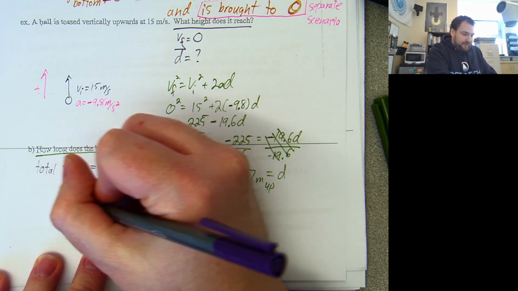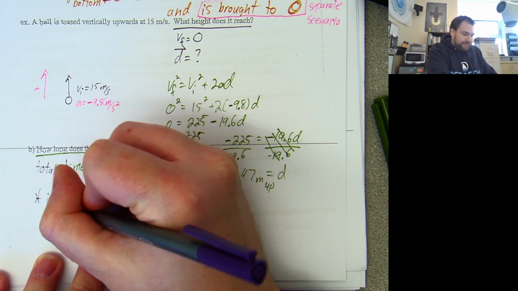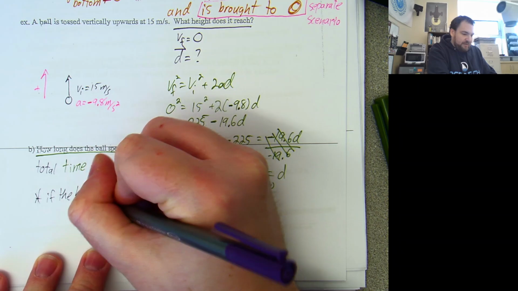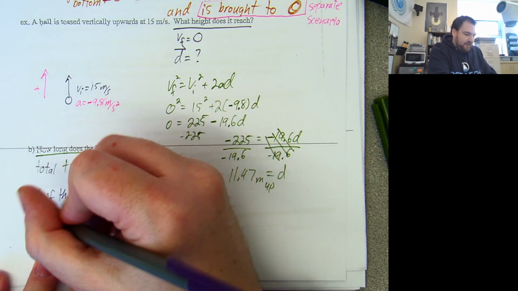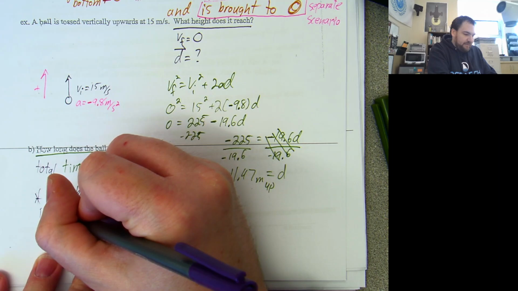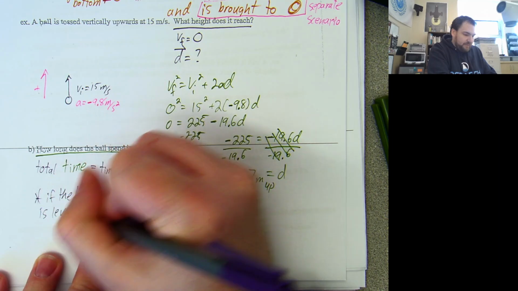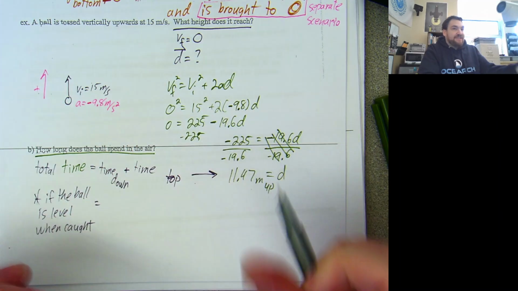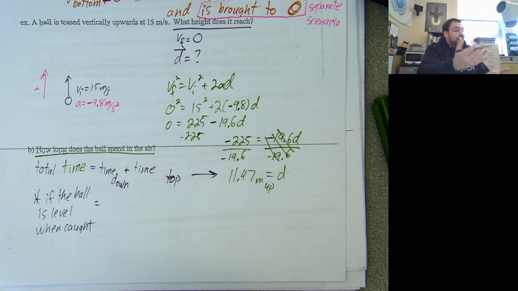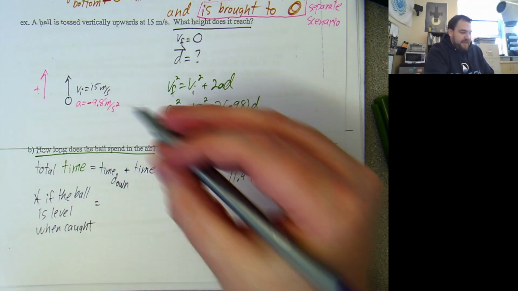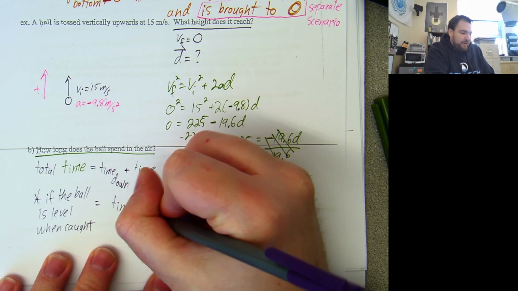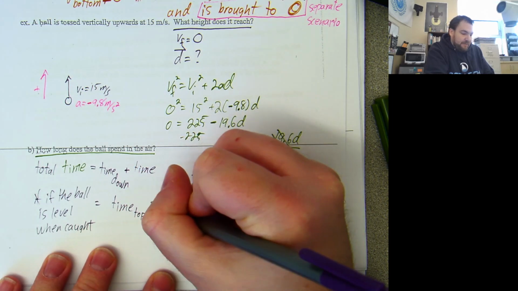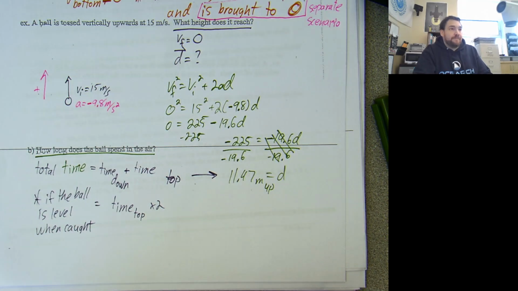I'll put a note here: if the ball is level when caught, if it's caught level to where it was thrown from, this is just the same as saying I want the time to the top times 2.